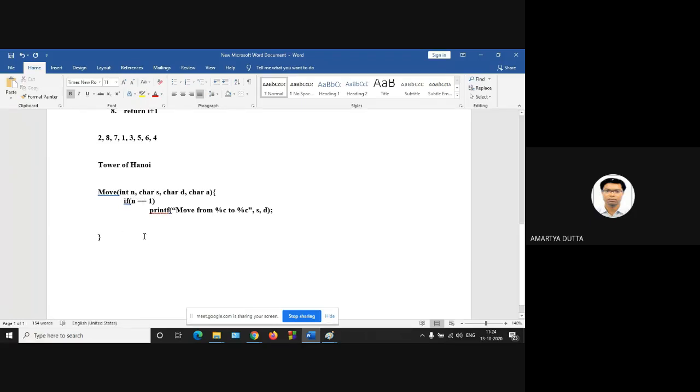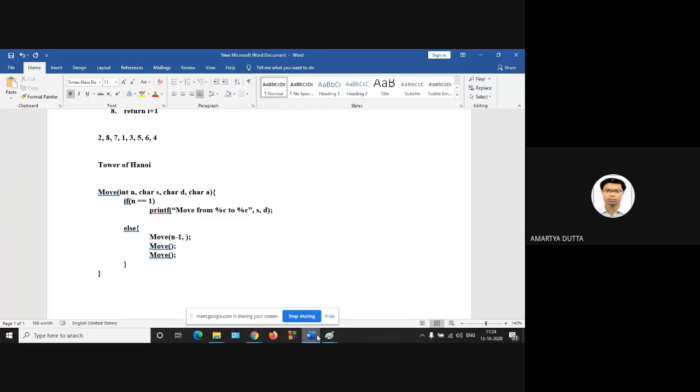Otherwise, that is, the number of disks is greater than 1, move. So these are the recursive calls. The first argument is the number of disks, so n minus 1.